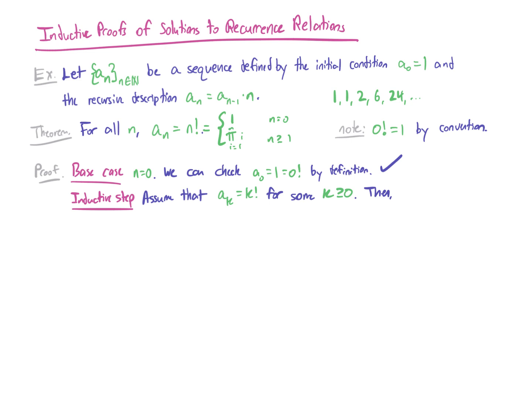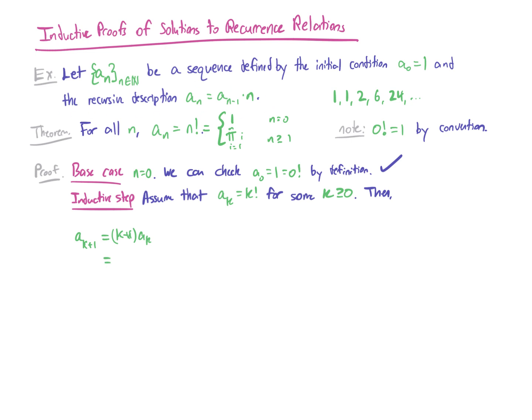Then let's do a direct calculation to show what a sub k plus 1 has to be. So a sub k plus 1, by the recurrence relation that we've been studying, is equal to k plus 1 times a sub k. That's by this recursive description of the sequence.